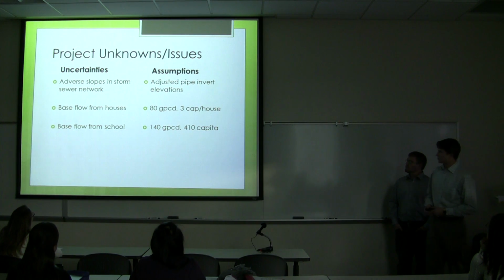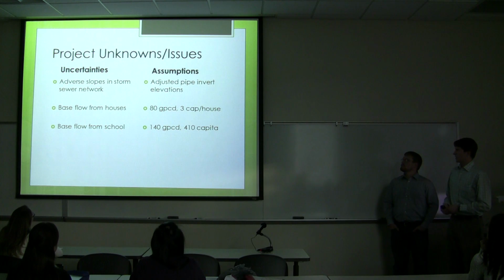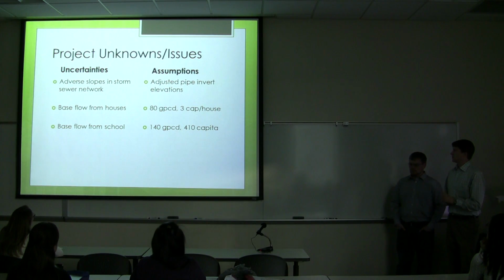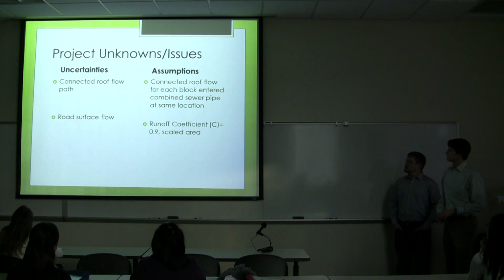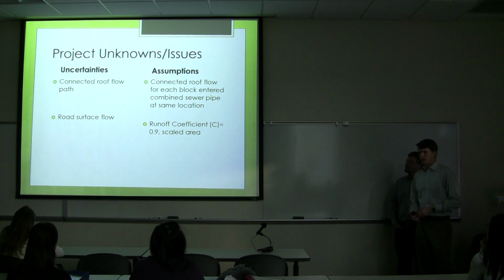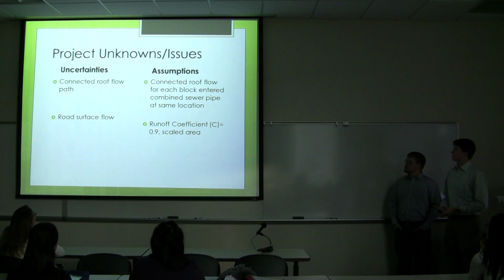We also thought it was important to account for domestic wastewater, both from houses and from a school in the project area, and the combined sewer pipes. So we assumed some flow per person per day and a number of people in those areas. When considering flow from a connected roof down the gutter and into the combined sewer, we were unsure exactly what path that took.